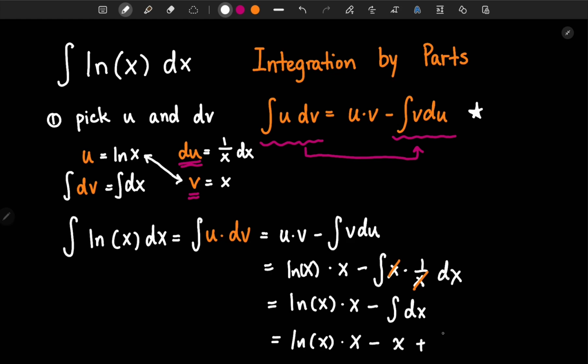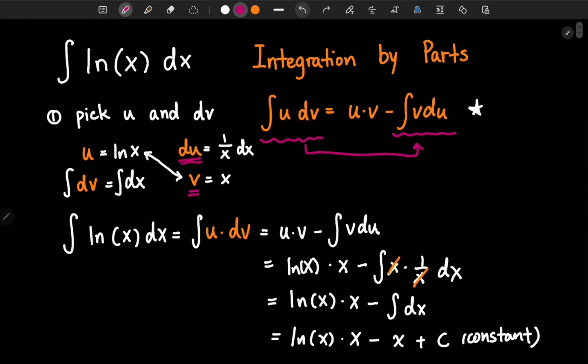Then plus c, our constant, because it is an indefinite integral. And this will be the answer to our question.